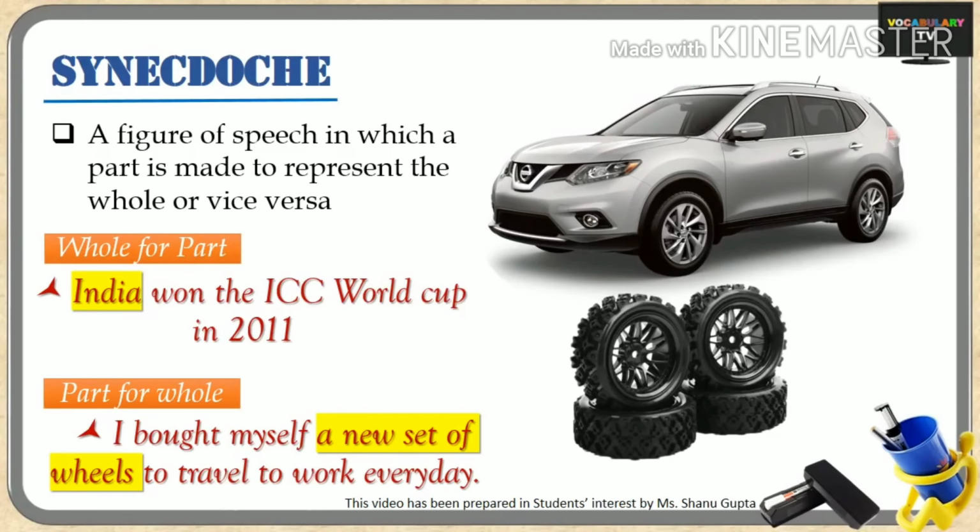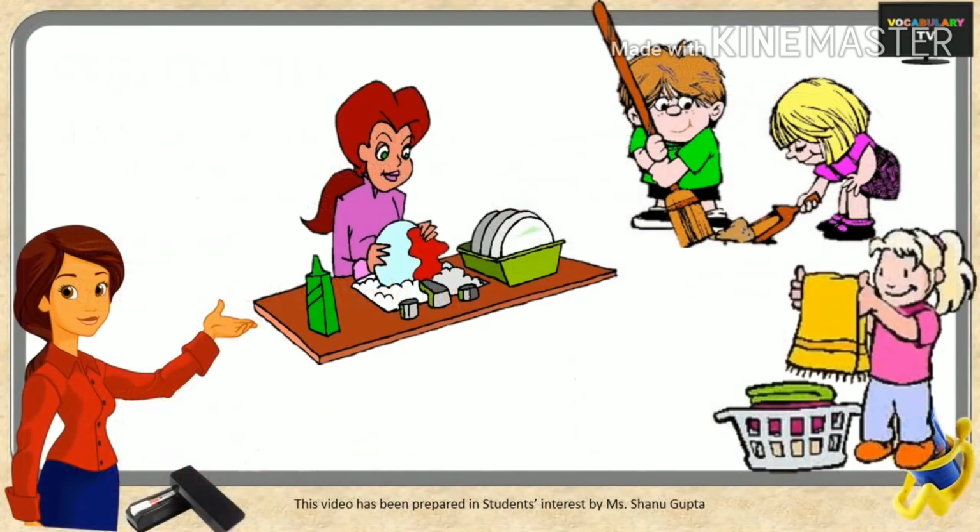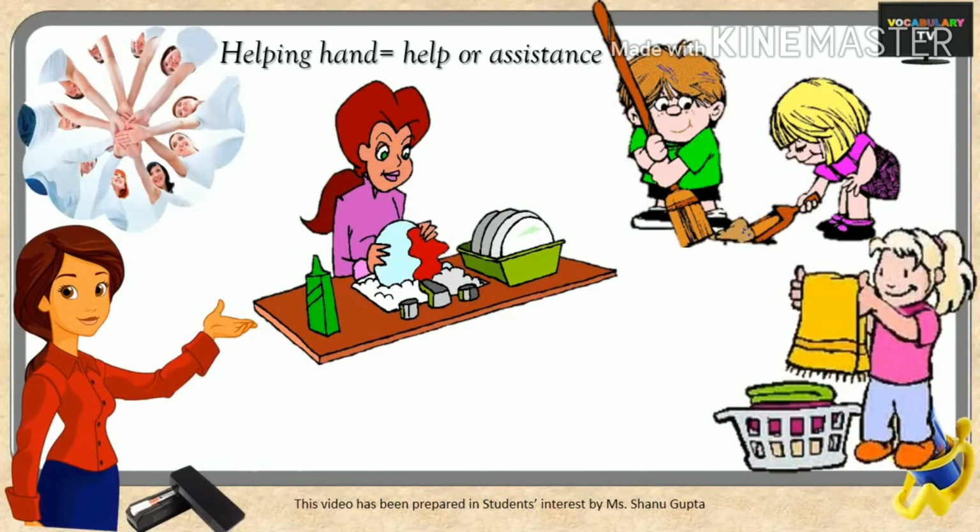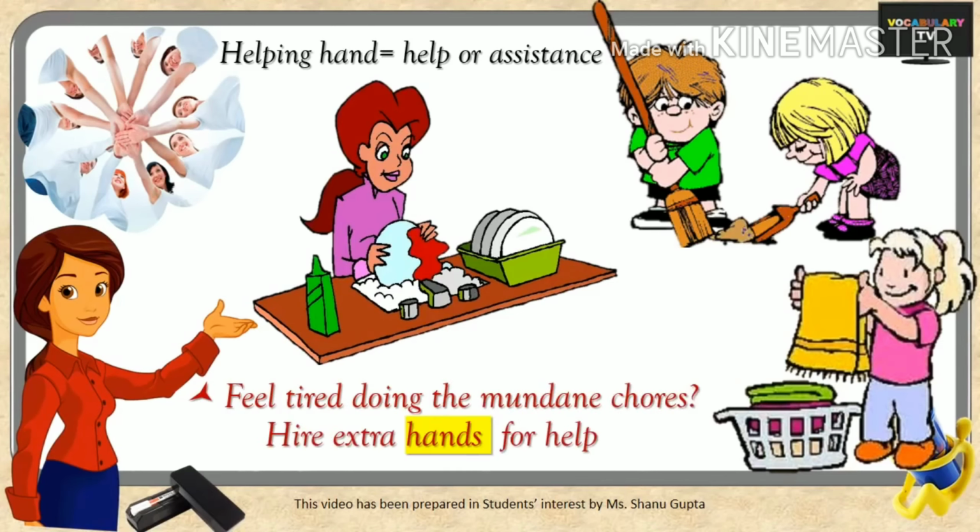Similarly, we can use the terms hands or helping hands to refer to a person who helps or assists you in some work. So, my advice to homemakers is, if you feel tired doing the mundane chores every day, you can perhaps hire extra hands for help.